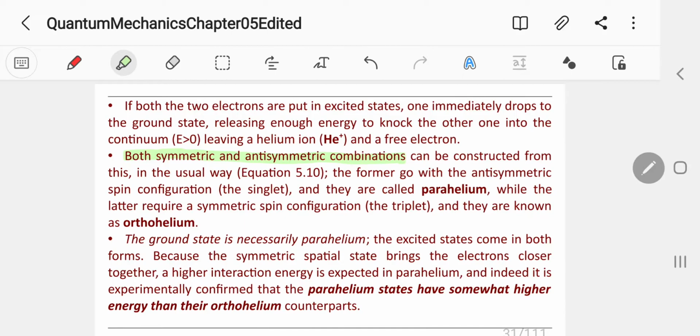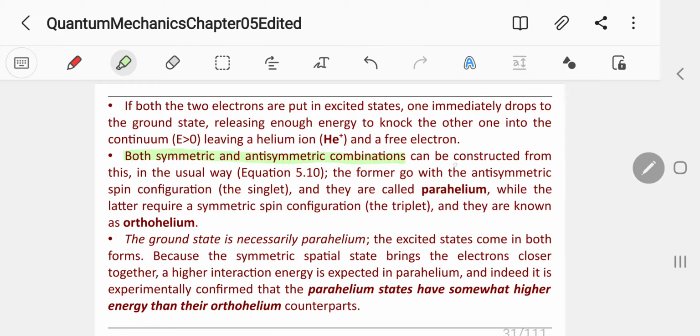The former, with the anti-symmetric spin configuration or the singlet, are called the parahelium, as I've mentioned earlier, because the symmetric wave function should have a singlet configuration of the spin, while the latter require a symmetric spin configuration, the triplet, and they are known as the orthohelium.